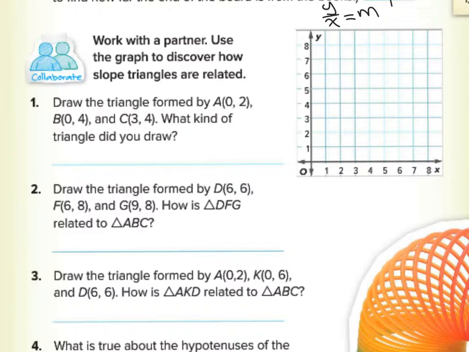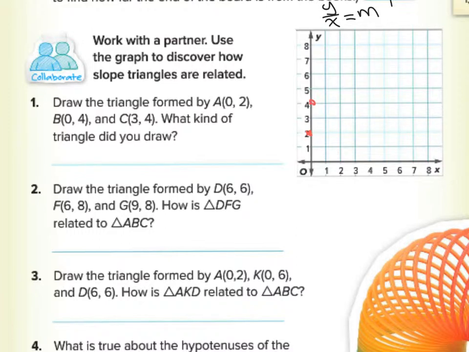Second part, number 1. Draw the triangle formed by A. Point A is 0, 2. I'll just go right ahead and do that. 0, 2 is right here. I went 0 and 2, just up. 0, 4. So now 0 all the way up to 4. Right there.